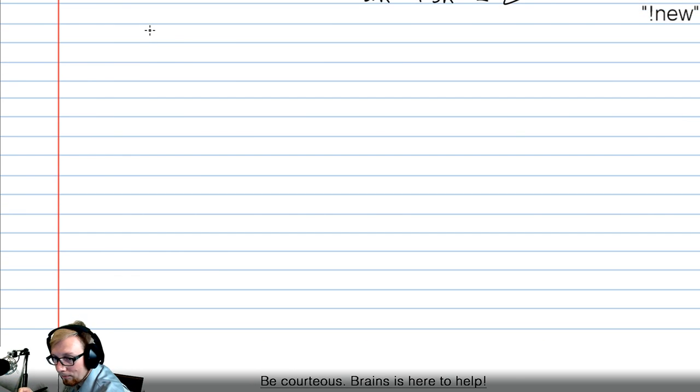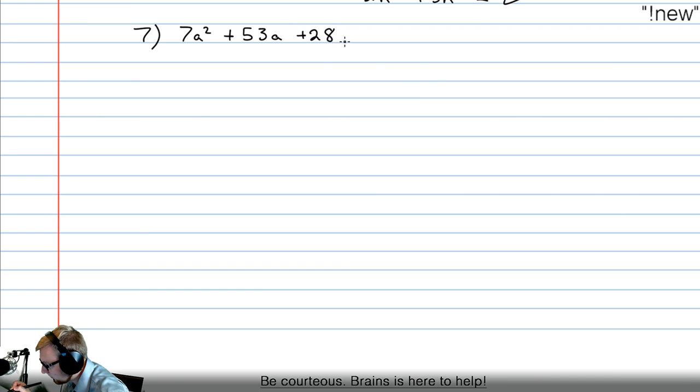So let's do number 7 together. We've got 7a squared plus 53a plus 28. Can you factor anything out of this?